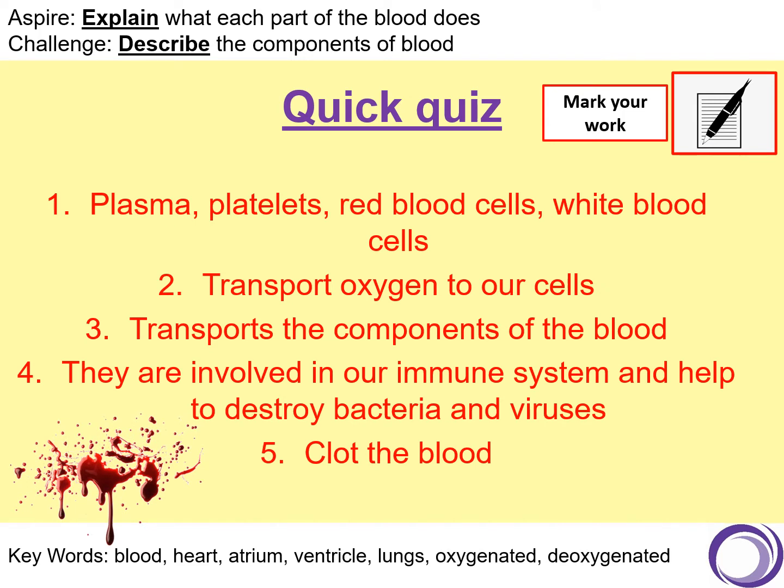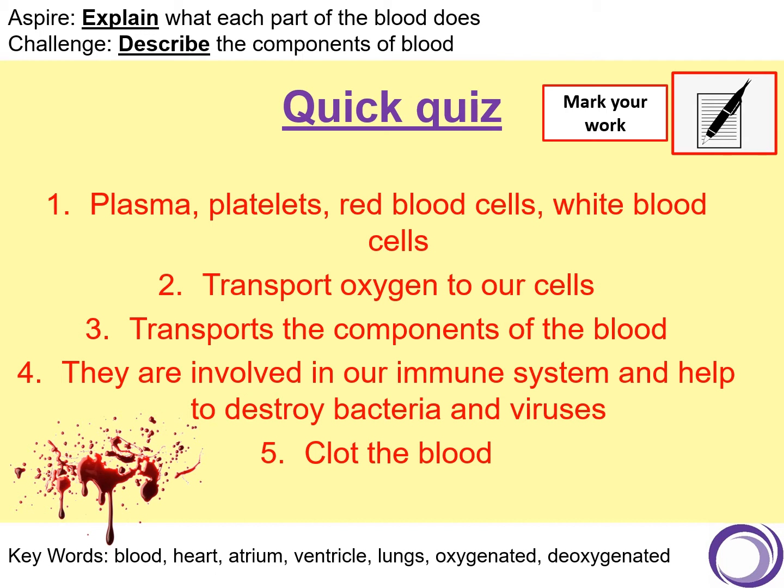Okay, let's go through the answers and mark your work. So the answer to question number 1, what is the blood made up of? The blood is made up of the plasma, platelets, red blood cells, and white blood cells. Question number 2, what do the red blood cells do?